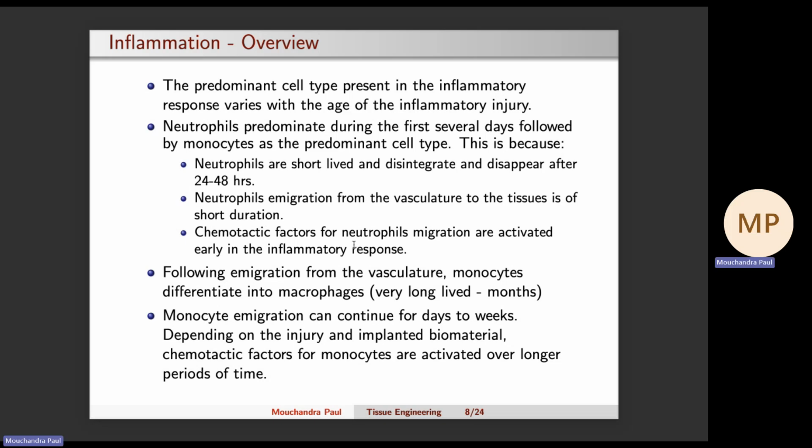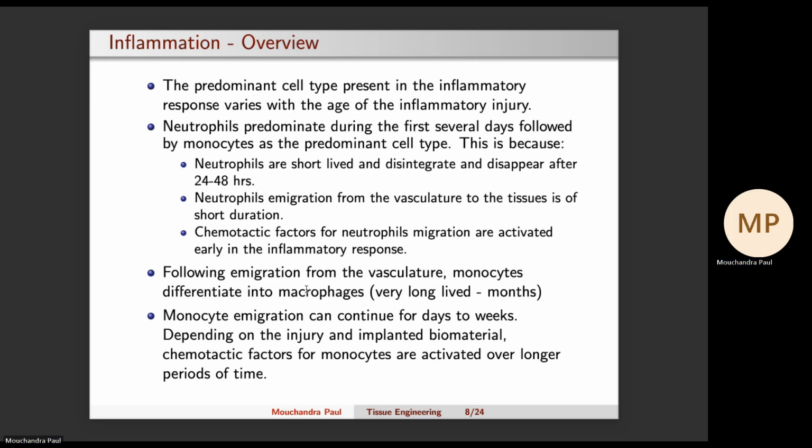And the factors needed for neutrophil migration, the chemokines, etc., are also released at a very early stage in the inflammatory process. So, because of these three reasons, neutrophils are the predominant cells in the first few days of the inflammation process.